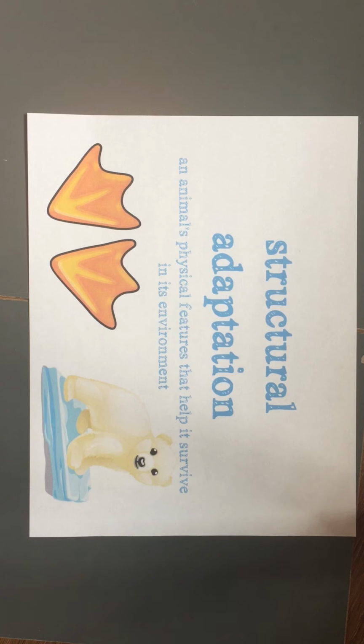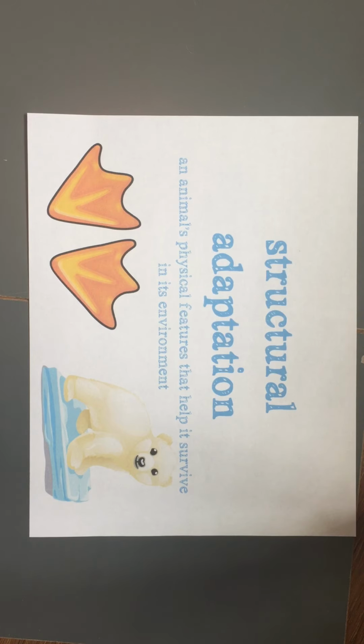What kind of adaptation would a polar bear have in order to survive? And this is really good because this goes right into our lab that we're going to do later on polar bears. So let's think, what does a polar bear have that allows it to survive in the winter? I bet you know two things. A polar bear has special fur, right?